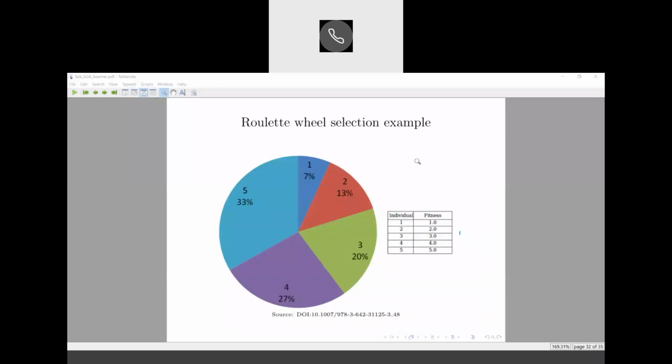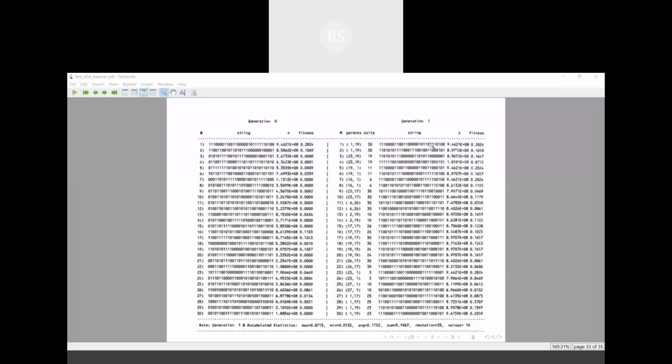But the fortune wheel selection will make sure that those who are not fit will get dropped out next time also. So, I'm now almost coming to the explanation. Is the process of generating the next generation clear? Yes, sir.